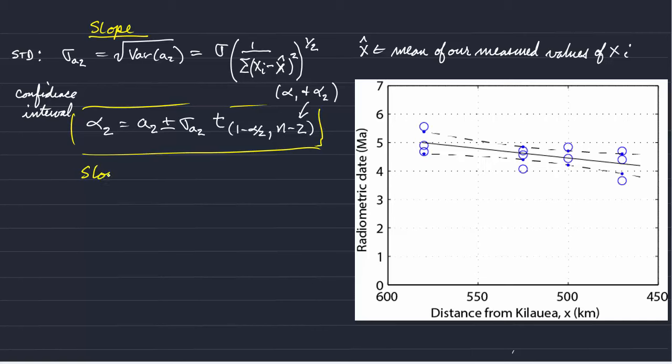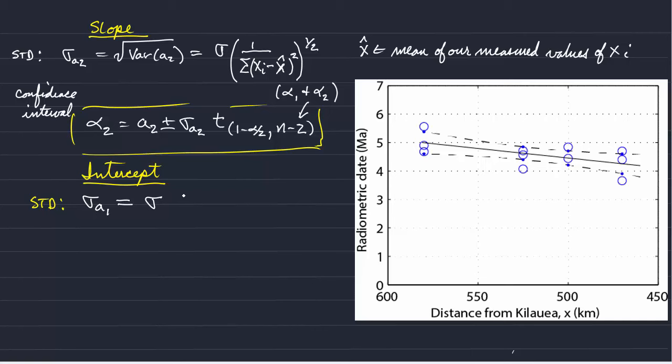So let's look at our intercept. And the standard deviation of our intercept, we'll denote that as sigma A1. And that too depends on sigma, the standard deviation of each point about the regression line.